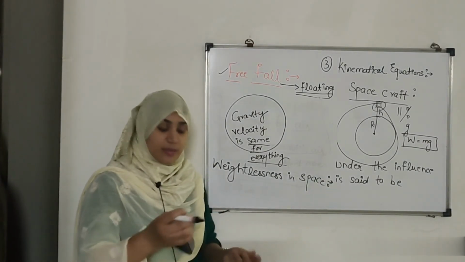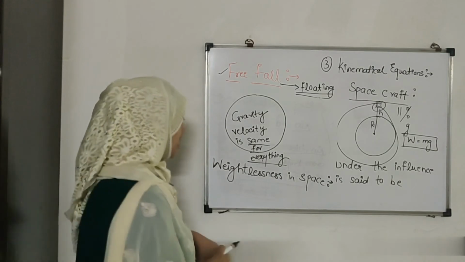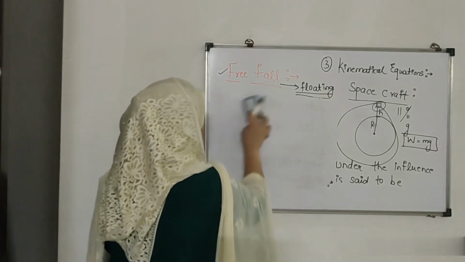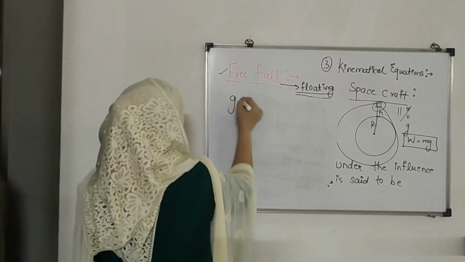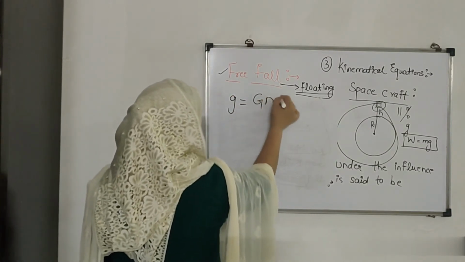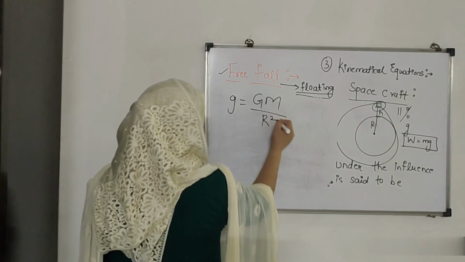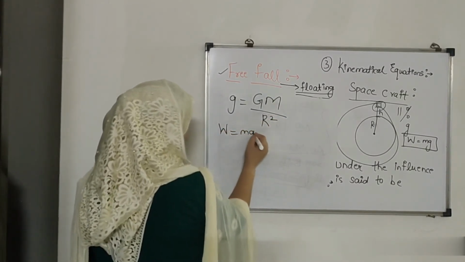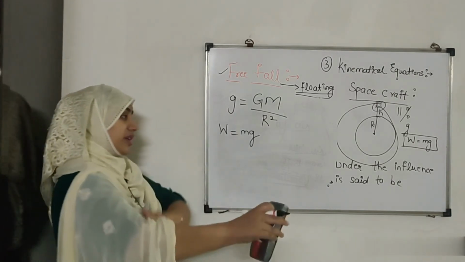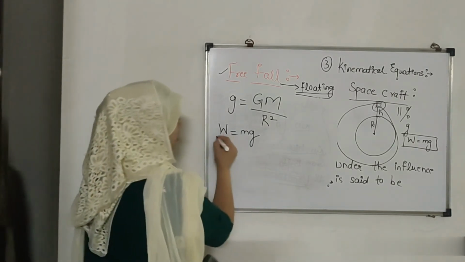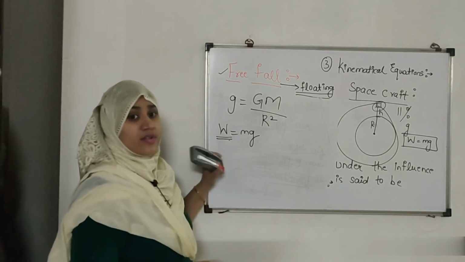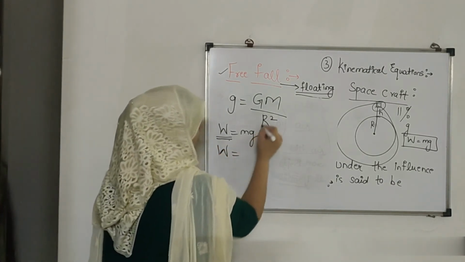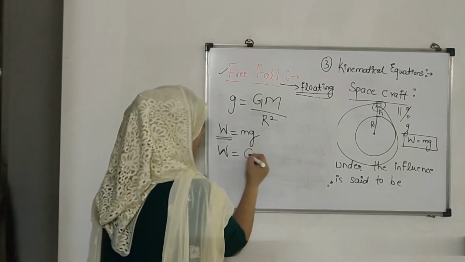So next, in the previous video, what we saw is what? The acceleration due to gravity is g equal to GM upon r square. So what is my weight? Weight is nothing but mass into acceleration, and this acceleration is due to gravity. So why does the weight of an object change on different planets? Basically, according to this, substitute this value of g. What does it become for me?